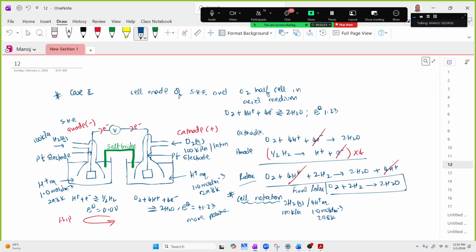Okay, so that's done. But cell notation, I have to show everything correctly the way it is. So how do I do that? And who's my cathodic compartment? Who's gaining electrons? So I have my oxygen half cell gaining electron, right? Cell notations, I have to show everything that's going on. So I have oxygen gas and it's 100 kPa.